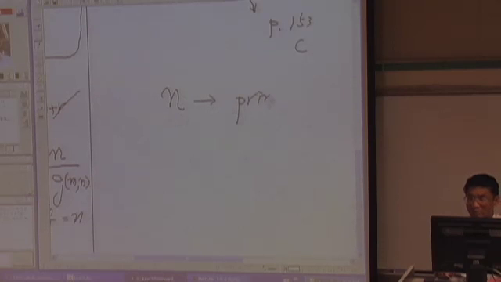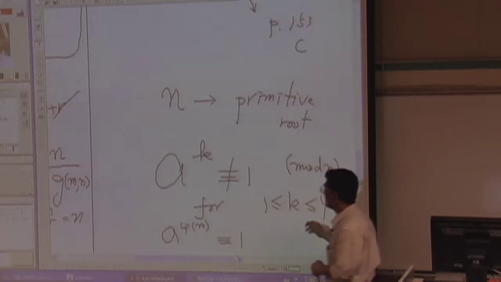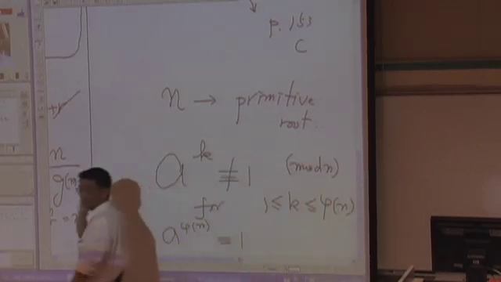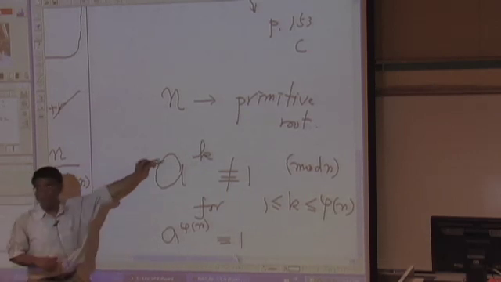A primitive root is, by definition, the number A satisfying this condition. By Euler's theorem, the only possibility is that this kind of number A is called a primitive root of n.